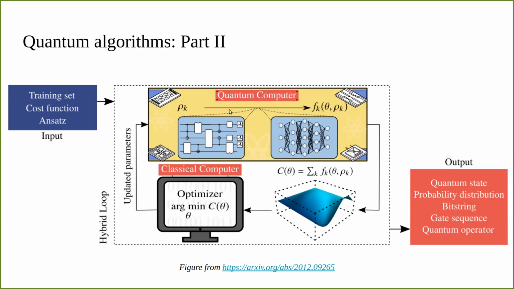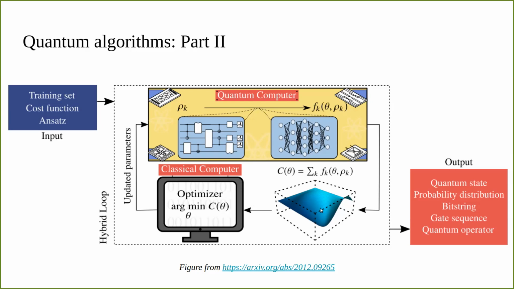We use a quantum computer, we send in some angles, and we use that to evaluate a cost function. This is shown by this neural network here. This cost function may look like this if there are 2 parameters. We send in some particular values of the angles theta, and we land somewhere on this landscape. Then we use the classical computer in conjunction to adjust these parameters to try to find the minimum or maybe maximum of this landscape.